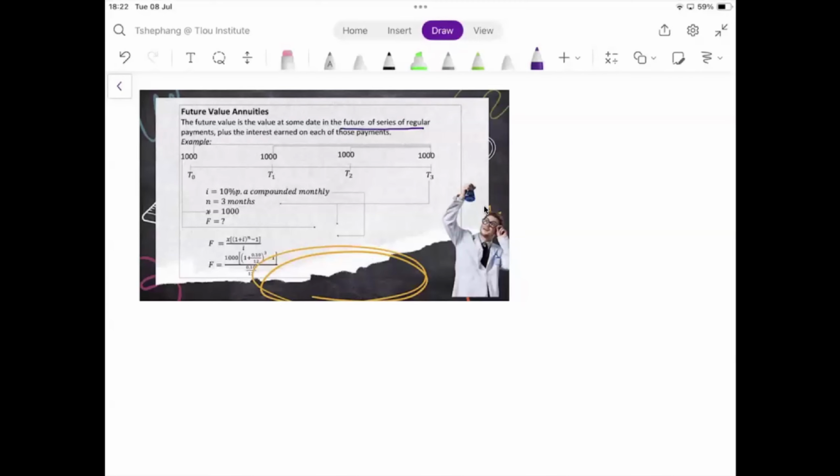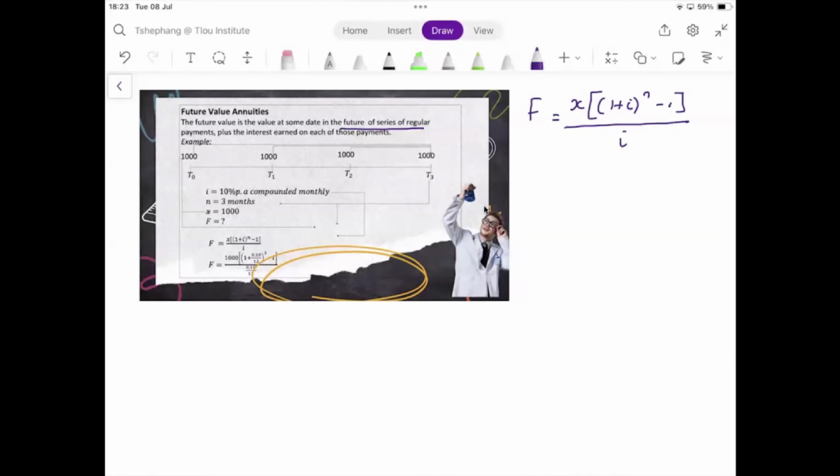Okay, now the formula says, let me just write it in bold for you guys. F is equal to x into open bracket 1 plus i to the power of n minus 1, all over i. Okay, this one you do not have to try and memorize. It will be given on the formula sheet. And this is what you use for future, when the lump sum of money is going to exist somewhere in the future.